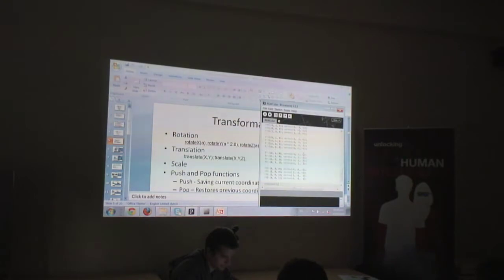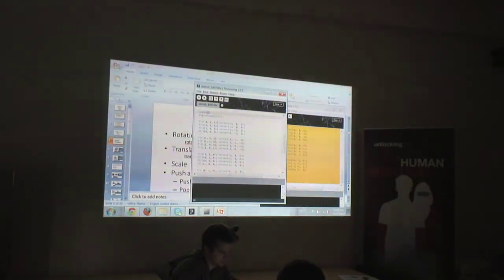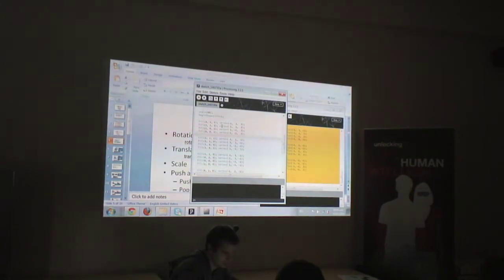So within Processing, let's just start with a nice easy one actually. This code. Let's just cut down that RGB cube example until we have a nice simple cube.